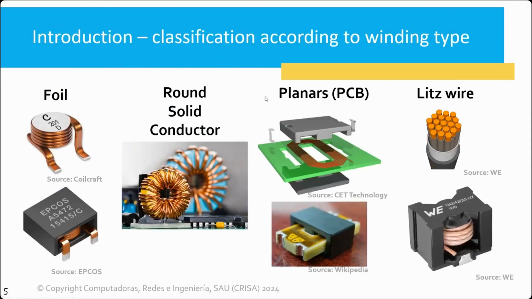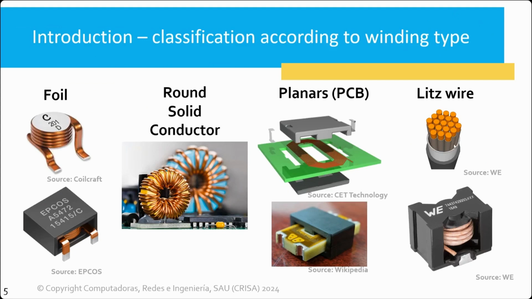First of all, how do we classify them? We can classify them depending on the winding type. They can be made out of foil, as you can see here. This is flat foil. They can be round solid conductors. The winding can also be embedded in the PCBs; they are called planar magnetics.